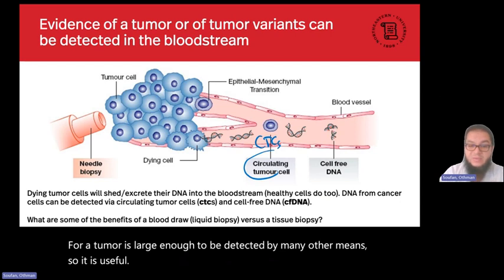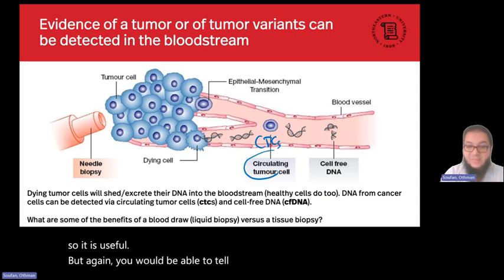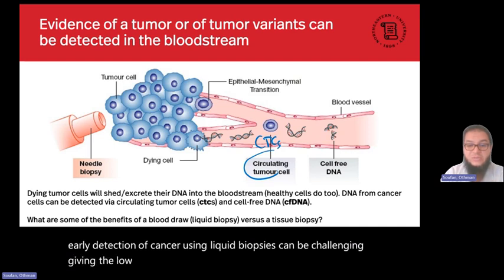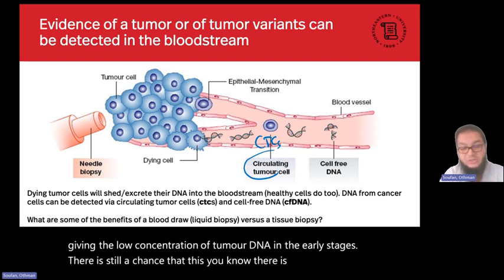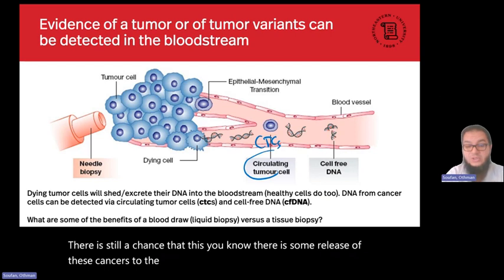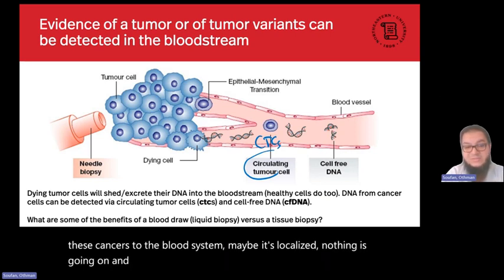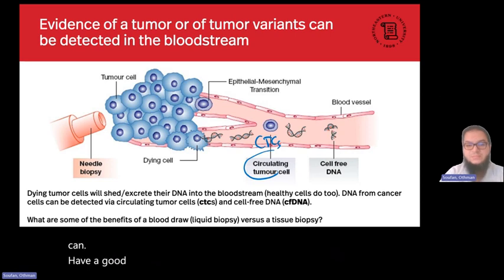But again, it can be limited, because early detection of cancer using liquid biopsies can be challenging given the low concentration of tumor DNA in the early stages. There is still a chance that there is some release of these cancers into the blood system. Maybe it's localized, nothing is going on. But again, if there is some influence on the blood, then we can have a good detection of that.